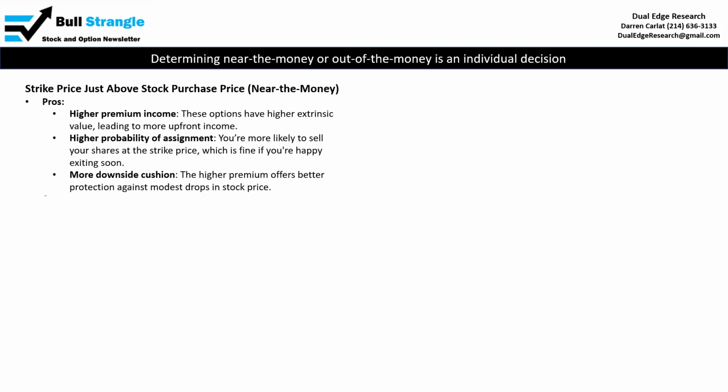Let's talk about determining the optimal strike price. Determining this near the money or out of the money is an individual decision. I think this is where there's some level of art versus science. And I think it's okay for there to be a little bit of different strokes for different folks when it comes to this.